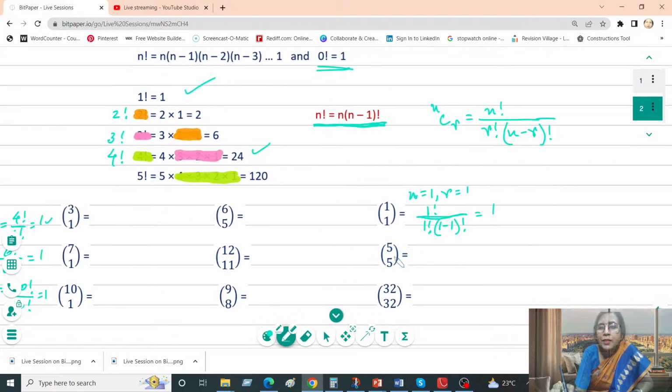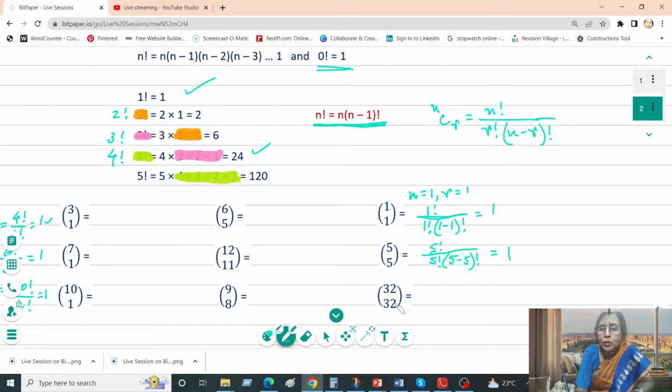Next is 5C5. So n is equal to 5, r equal to 5. Therefore, the numerator is 5 factorial. Denominator is r factorial, that is 5 factorial, times 5 minus 5 factorial, which is equal to 0 factorial, which is 1, and 5 factorial divided by 5 factorial is 1.